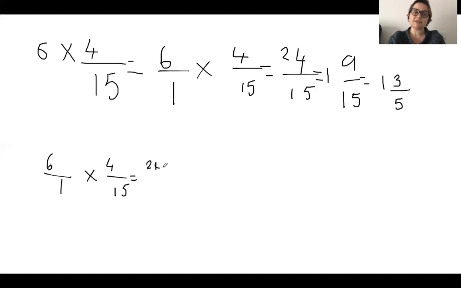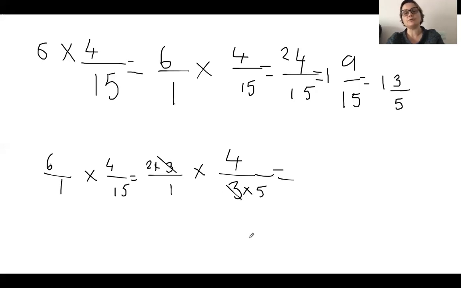So 2 times 3 over 1 times 4 over, and express the 15 as a product of 3 and a 5. And as you see, we have a 3 that is common for both numerator and denominator. So 2 times 4 is 8, 1 times 5 is 5, 8 over 5, or 1 and 3 over 5.